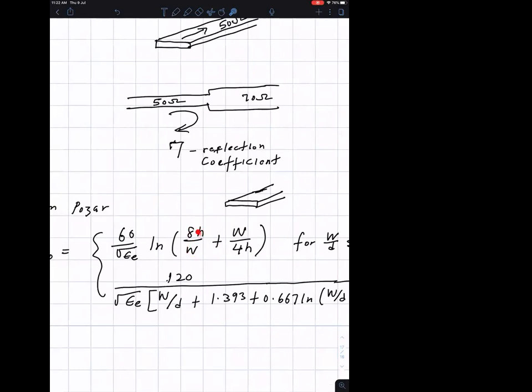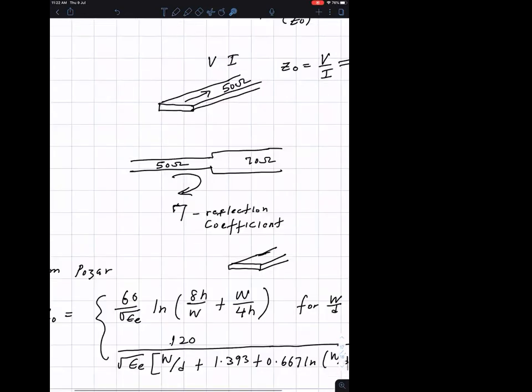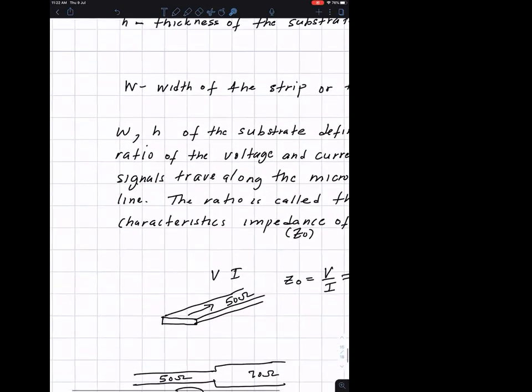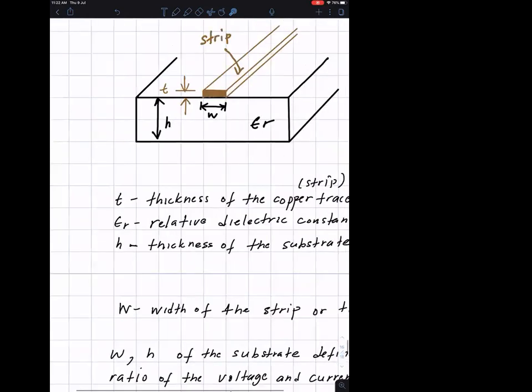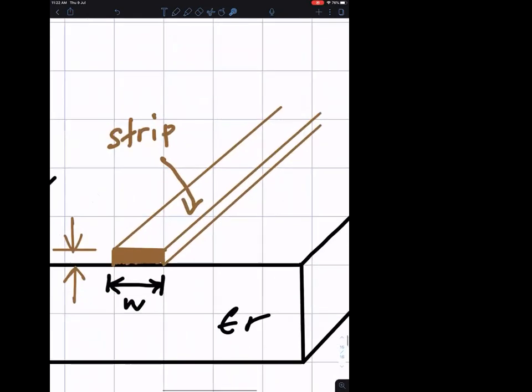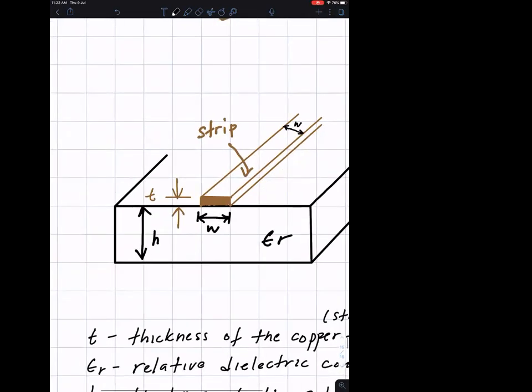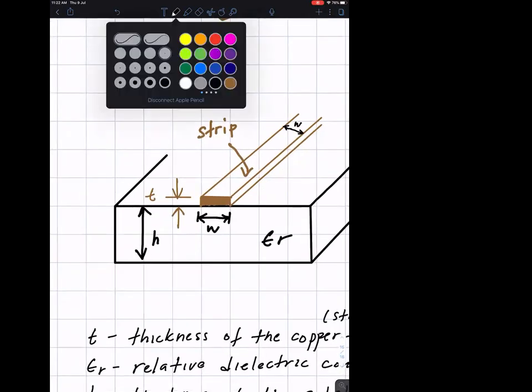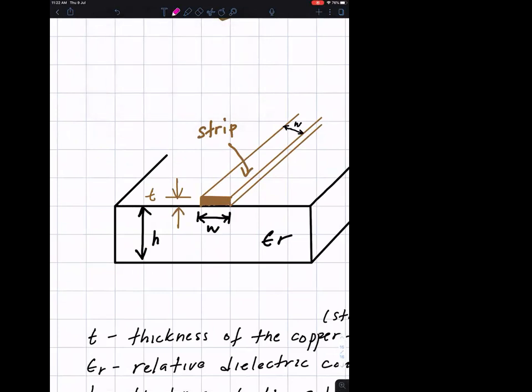Once you buy the board, you cannot change H, but you can change the W, because W is what you etch. The W is this, the width of the trace. You can design and etch this. H you cannot change once you buy the board.